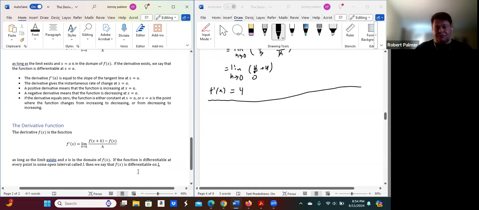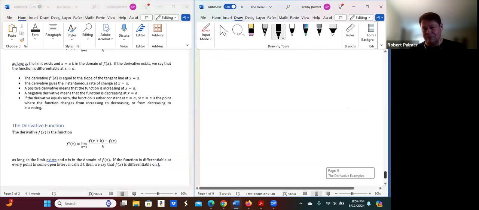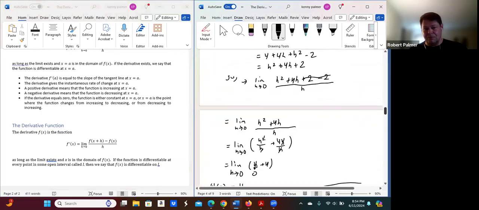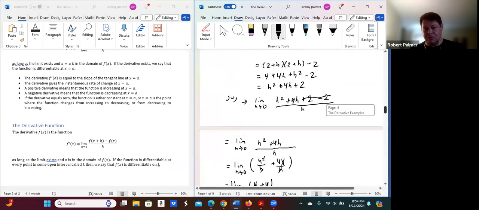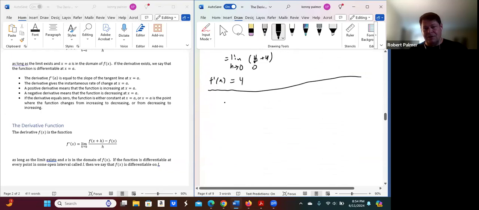Okay? So let's actually do the same thing really quickly. Let's go back over here. I guess this is probably part E. Doing a lot with this one function, but it's a good function to use. All right. Now, this time, let's find just in general f prime of x.